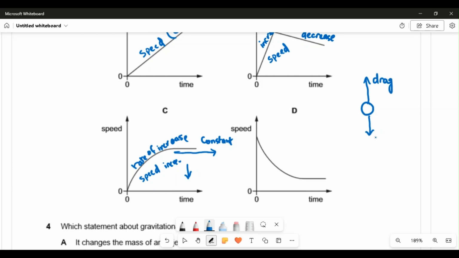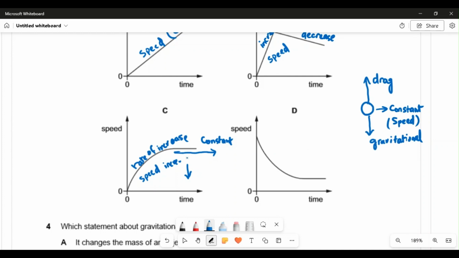At this time gravitational pull and drag are equal, and the ball will move with a uniform constant speed. So it will neither increase nor decrease.